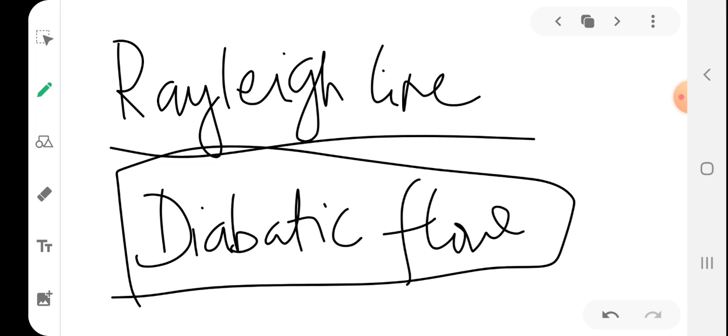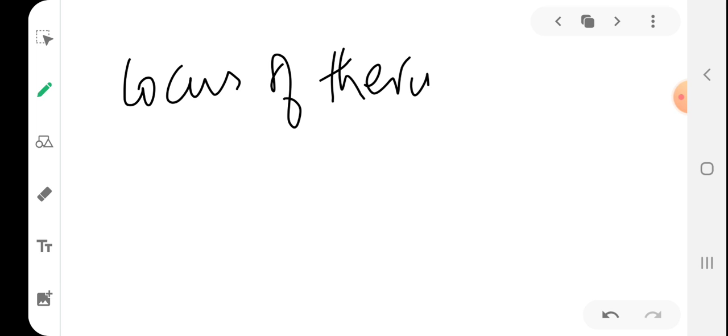Then what is the Rayleigh line? Rayleigh line is nothing but a Rayleigh flow which is represented by a curve. It is a description; it is actually the locus of thermodynamic states.